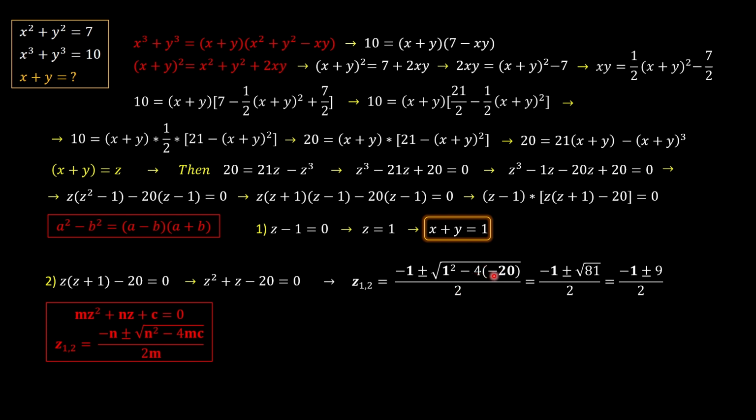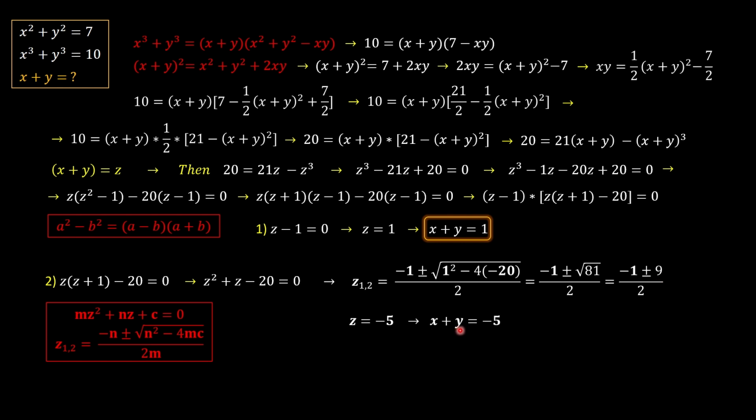Minus 4 multiplied by minus 20 will be 80, and 1 squared will be anyway 1. So 1 plus 80 will be 81. The square root of 81 will be 9. If it's minus, we will get z equals minus 5, because minus 1 minus 9 will be minus 10, and divided by 2 it will be minus 5.